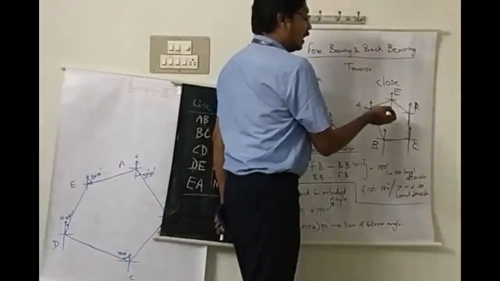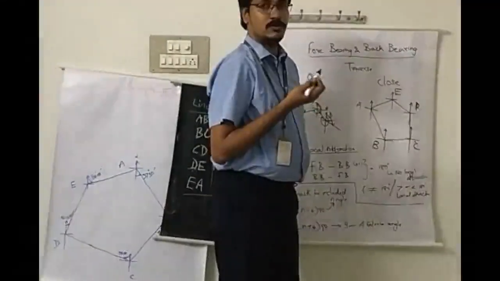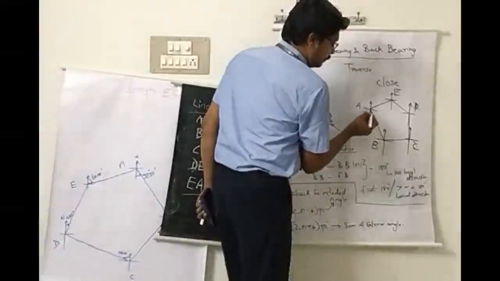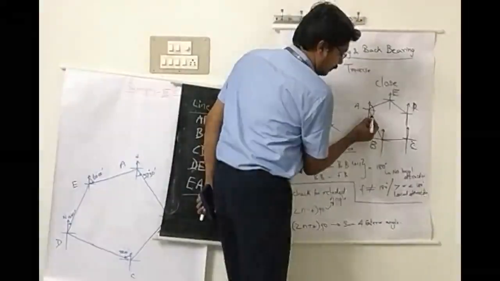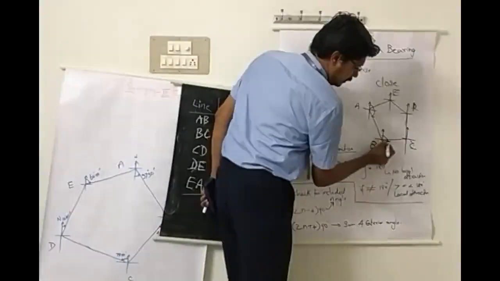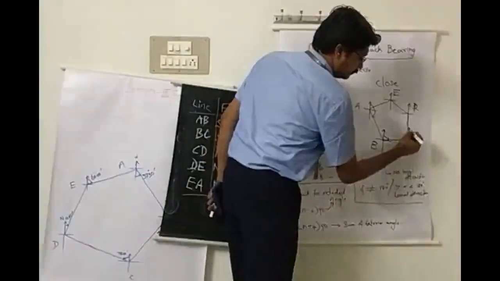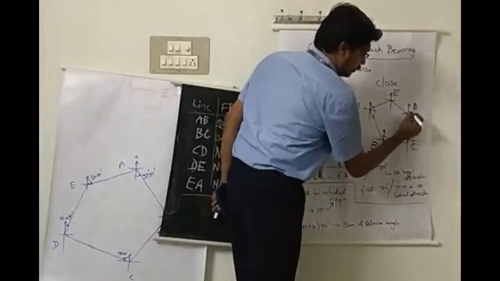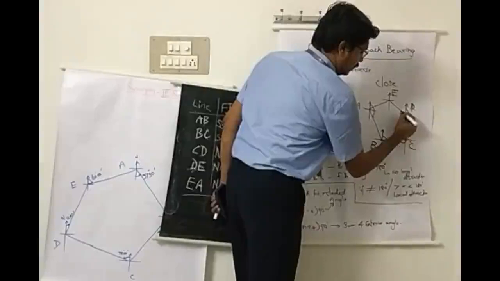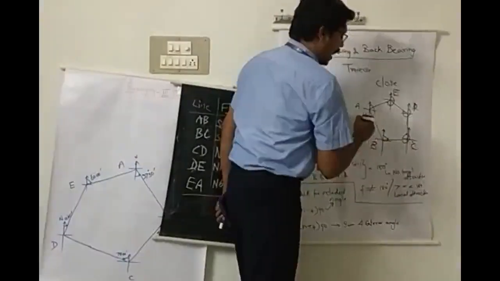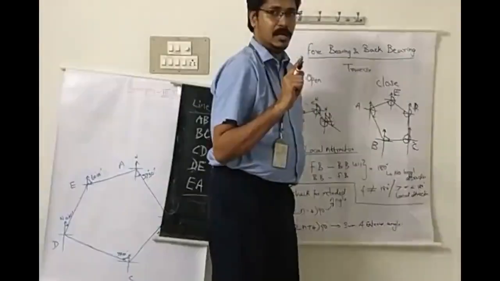So how can we check whether we have done the closed traverse right or wrong? You are able to get the bearing of the lines AB, BC, up to EA. I have marked here all the bearings alone.